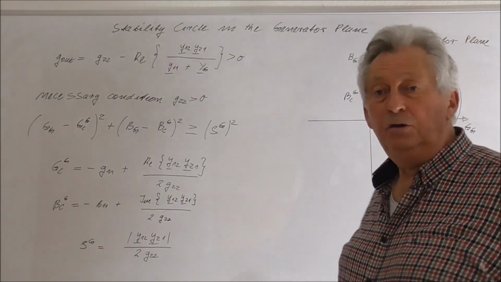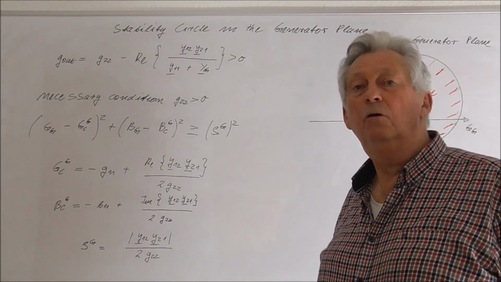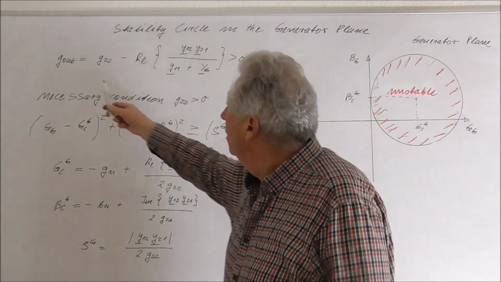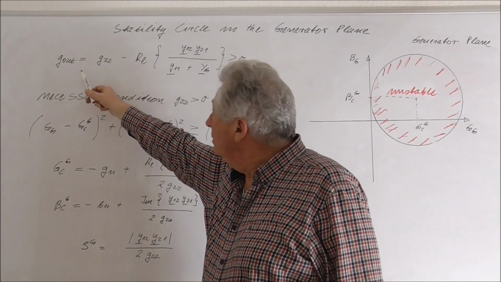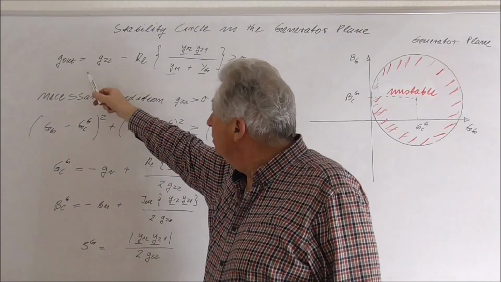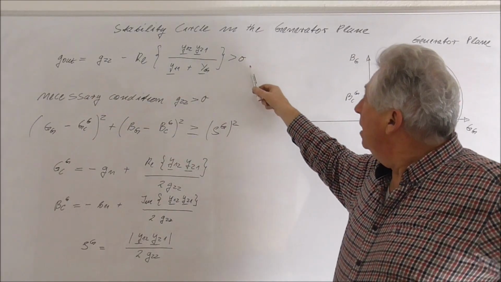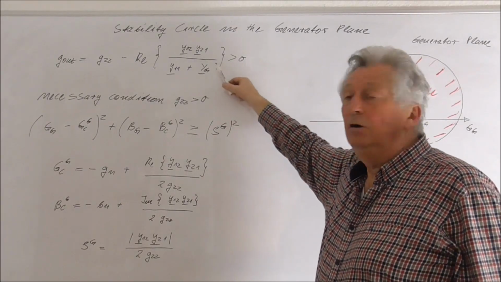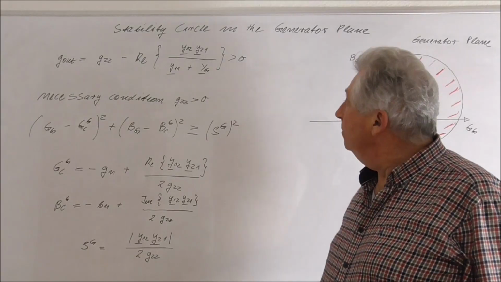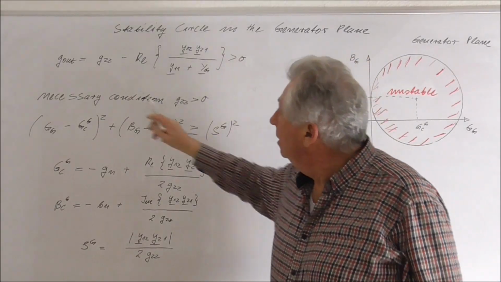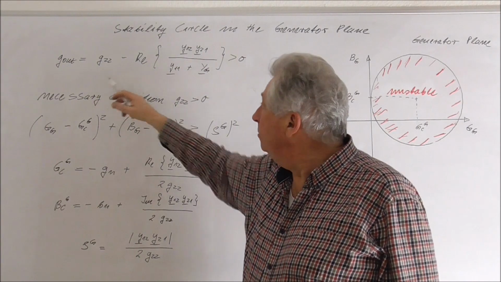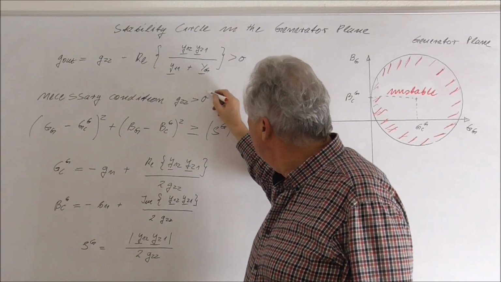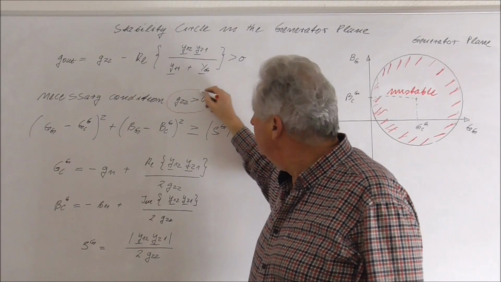The same consideration we did in the load plane, we can also extend to the generator plane. In the generator plane, we can also define the output conductance, and of course, to be stable, it must be greater than 0, but it again is a function of the generator admittance. So again we find the necessary condition that the output conductance can only be greater than 0 if already G22 is greater than 0.